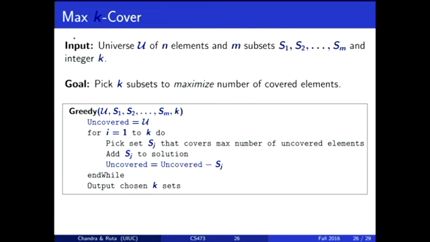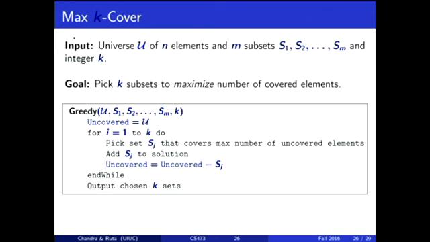So I want to finish up a little bit of the discussion on set cover, but a slight variation of set cover, which is also very useful in various applications. It's similar to set cover in the sense that you have a universe of n elements and you're given m sets, which are subsets of the universe.